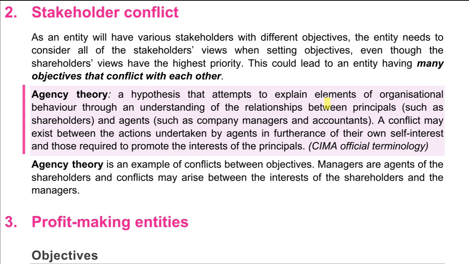And a particularly important conflict to be aware of is the conflict between the owners of a business and the directors of that business when there is a separation between the two. So if you've got shareholders who own shares, let's say through a stock exchange, the directors run the business on their behalf.